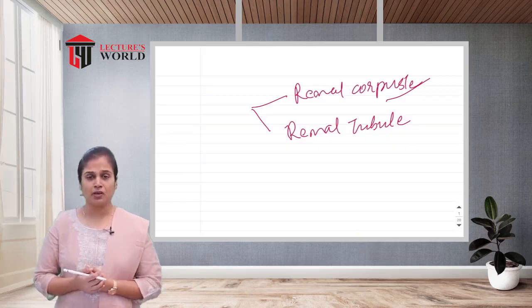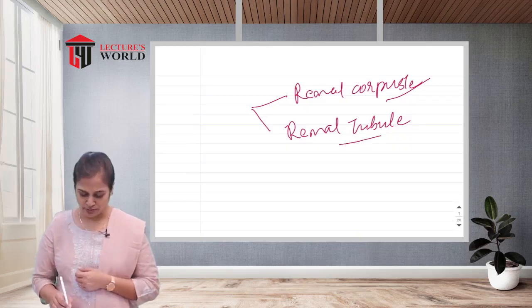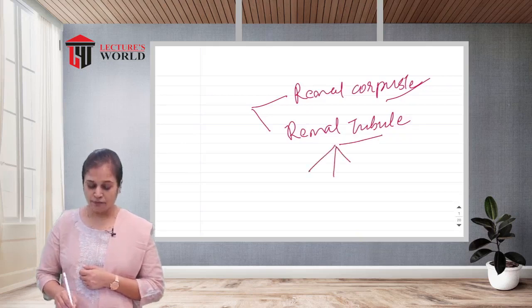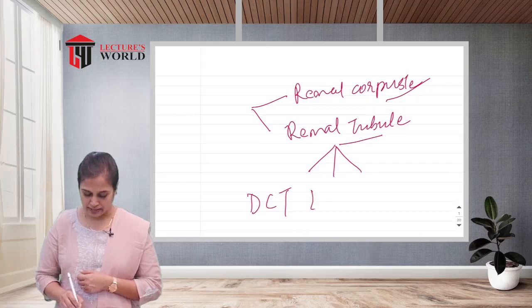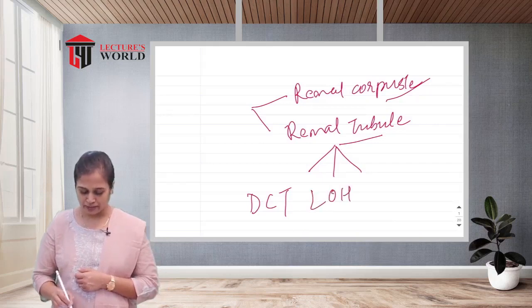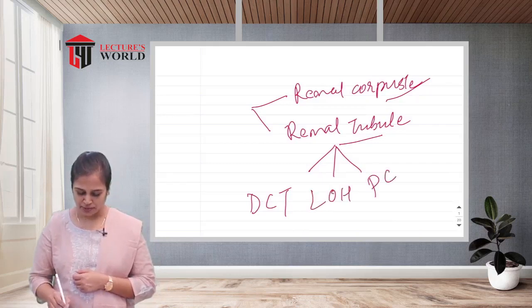The nephron has tubules also. There are three tubules: the proximal convoluted tubule, the loop of Henle, and the distal convoluted tubule.